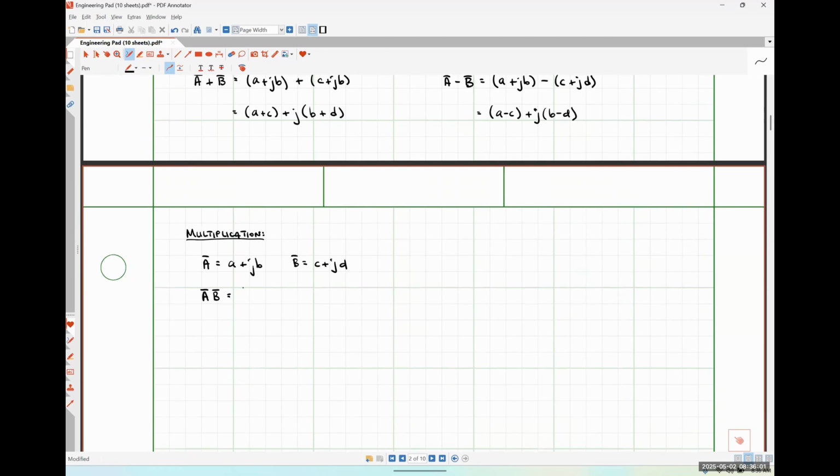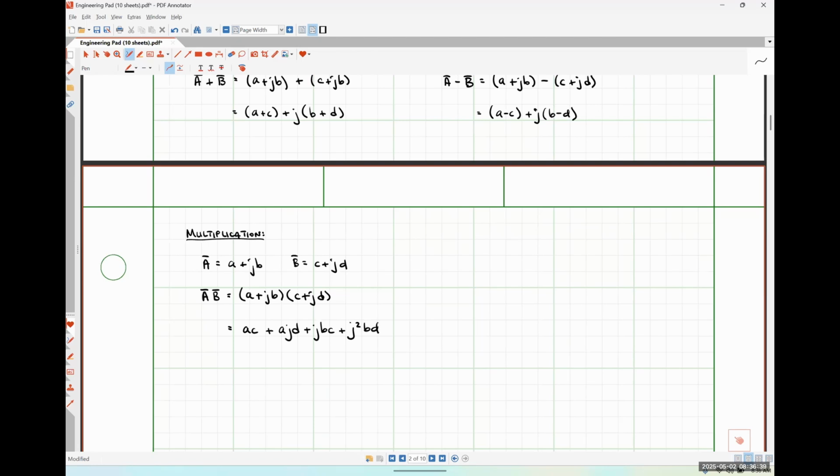So here we would have A plus JB multiplied by C plus JD, and we're just going to FOIL this out, 8th grade style, right? So we're going to have A times C plus A times JD plus JBC plus J times J, so J squared BD.